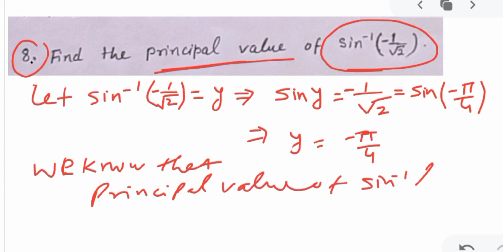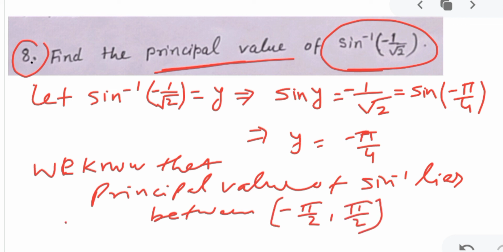So principal value of sin inverse minus 1 upon root 2 is equal to minus pi upon 4, since minus pi upon 4 lies between minus pi upon 2 to pi upon 2. Minus 90 to 90, and minus 45 will lie between minus 90 and plus 90, correct? So this is clear. In this way you can solve this question.